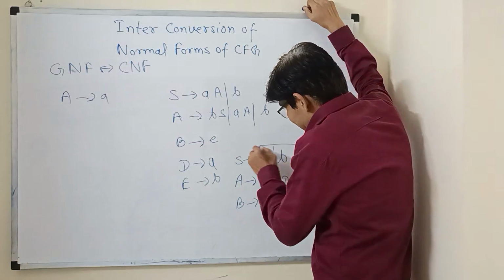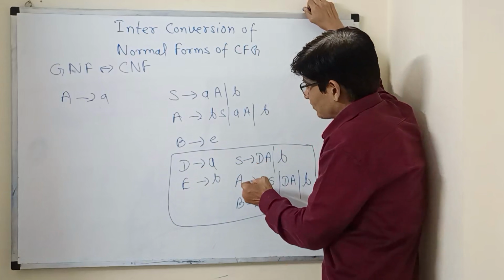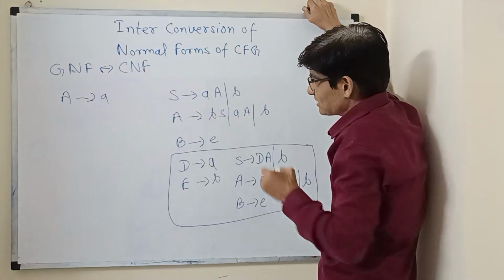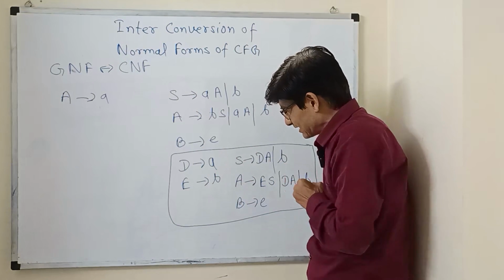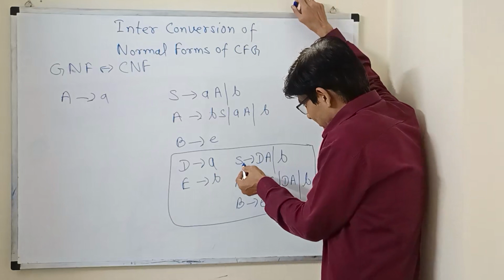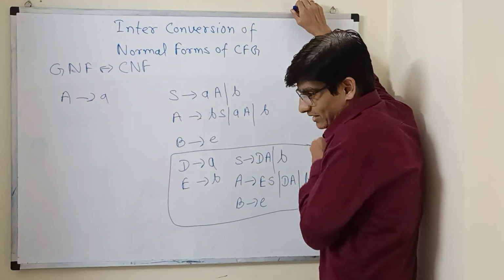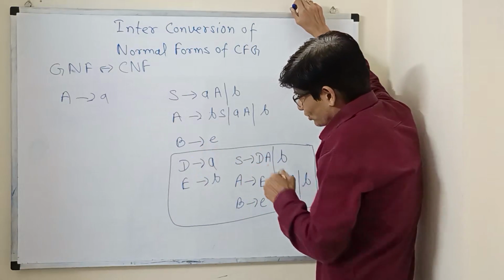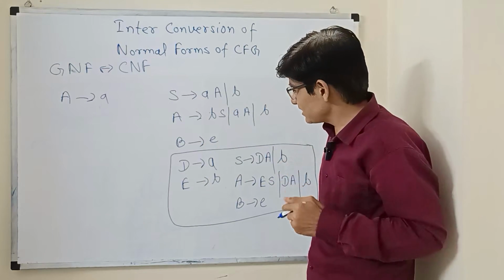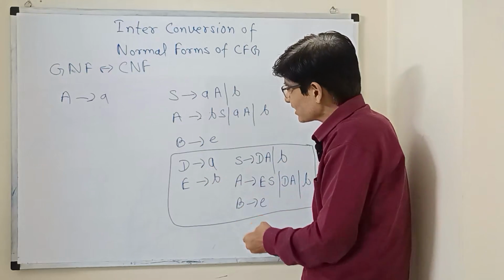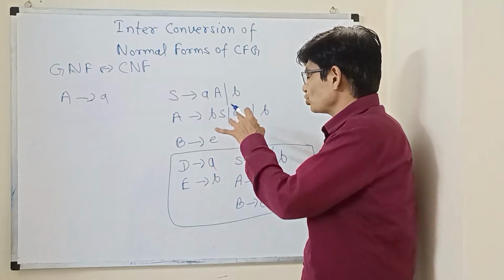So this is the resultant grammar after conversion into CNF. So now you can see all the productions of this grammar are in CNF. One, two, three productions have two variables on the right hand side, and all remaining productions have exactly one terminal on the right hand side, which is allowed in CNF. So this is how you can convert any grammar which is already in GNF into CNF.